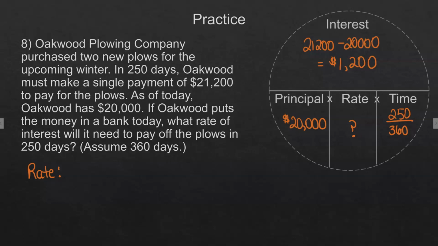Our rate then will be $1,200 divided by, let's put this in parentheses underneath that division bar on our circle, $20,000 times 250 divided by 360, close our parentheses, and then push your equals key.